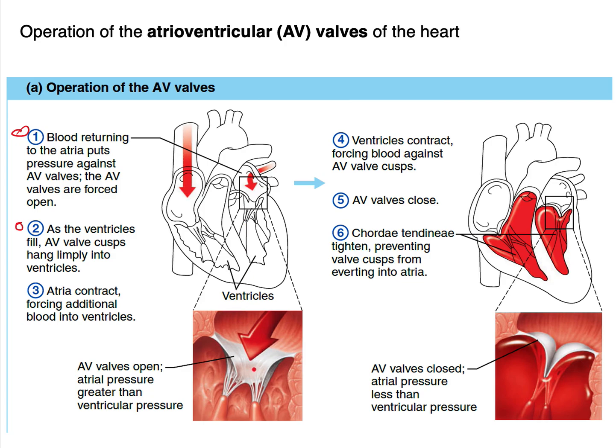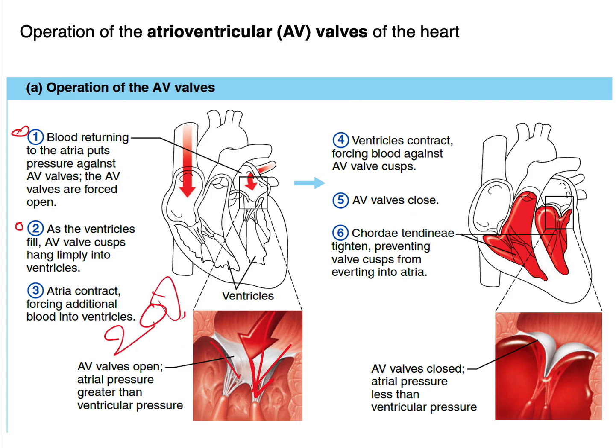So the bicuspid valve, or the mitral valve, as you see here, opened. So 70 or 80% of the blood will move passively without contraction. Then the atria will contract to push the additional blood to the ventricle, the 20%, I would say.